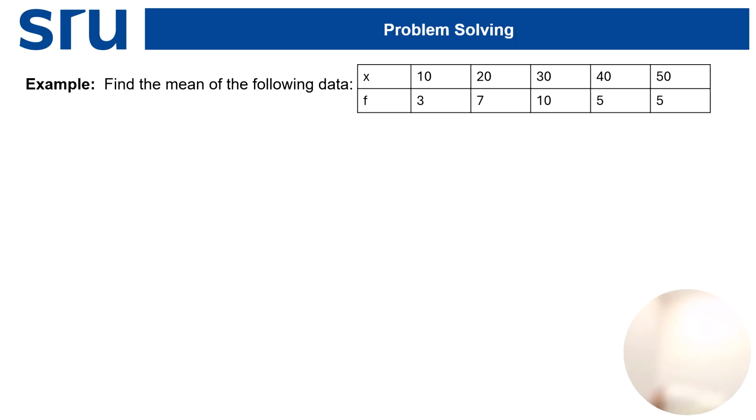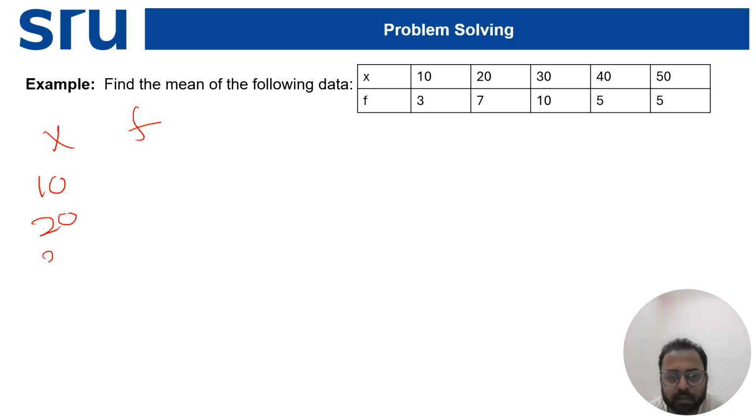Next problem. Here the data is given as x and f. So x is 10, 20, 30, 40, 50 and the frequencies are 3, 7, 10, 5, 5.